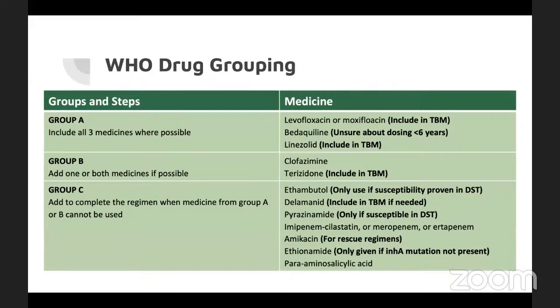So the WHO has created this table basically where they group their drugs into group A, B, and C. Group A, you should try and include all 3 medicines as far as possible. Group B, you should also try and include those 2 medications as well. And then group C is basically to complete your longer regimen based on resistance and mutations from drug susceptibility testing.